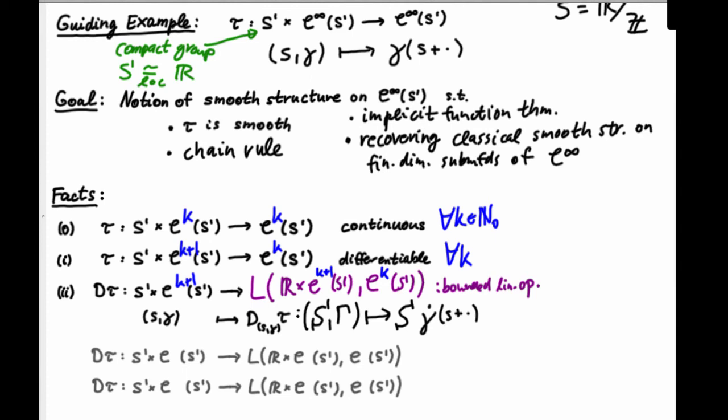If I fix s and look at this map on the level of functions gamma, that's a linear map, so its derivative is simply itself, except we replace gamma by capital Gamma. The nonlinearity is in the shift.